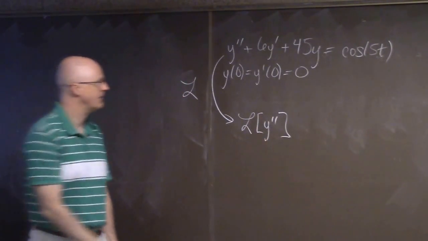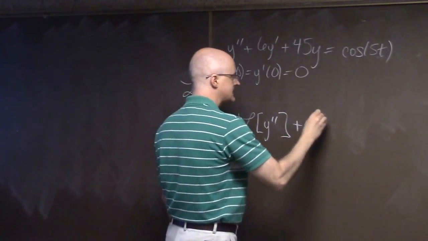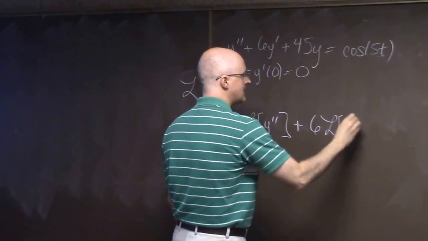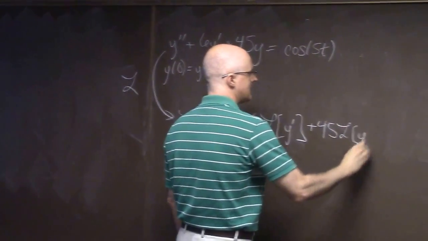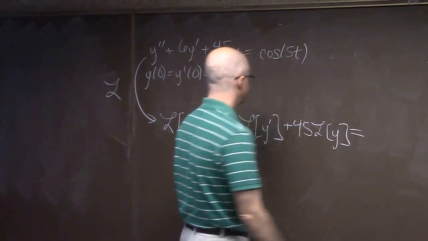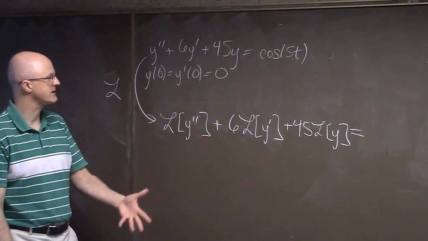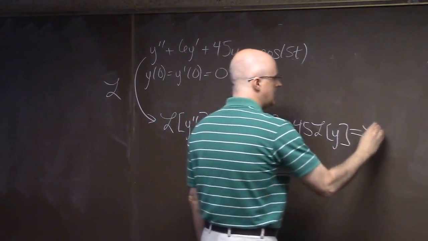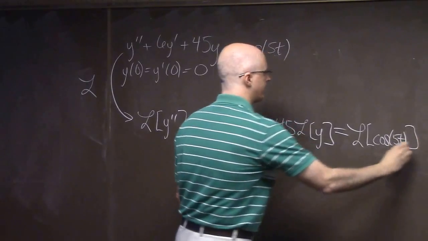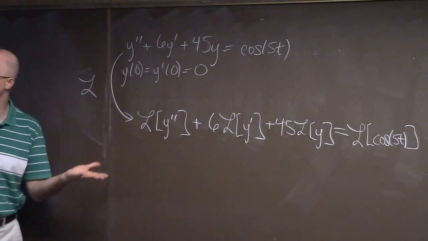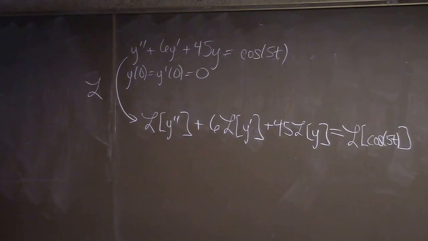L of y double prime plus 6 L of y prime plus 45 L of y. That's the Laplace transform of the left-hand side once linearity is used, equals the Laplace transform of cosine of 5t. Certainly that's something you should be able to write down for the final exam.